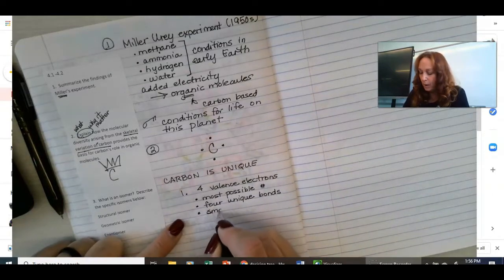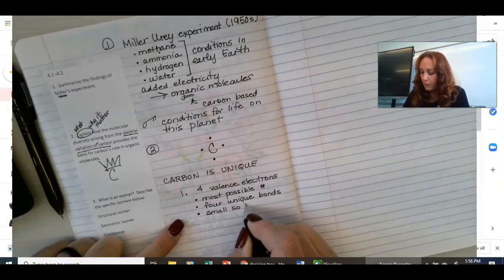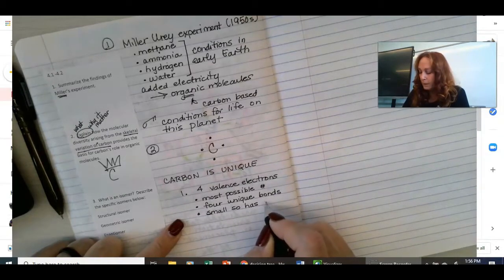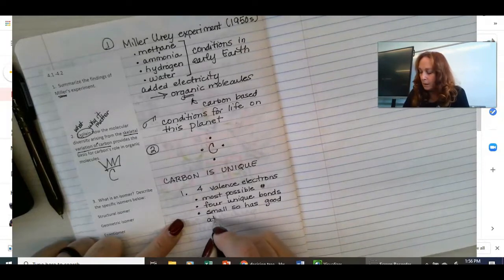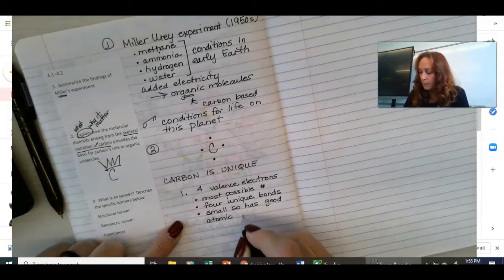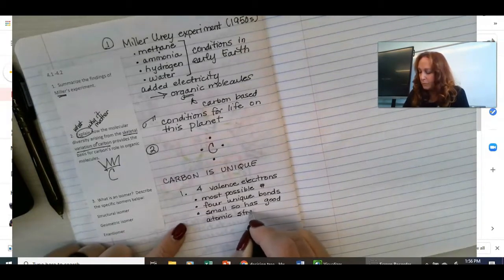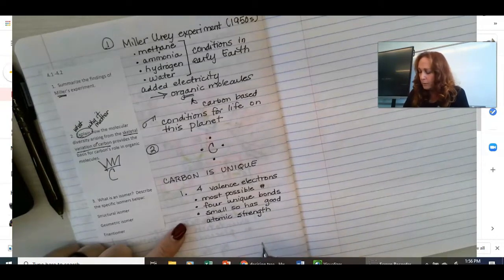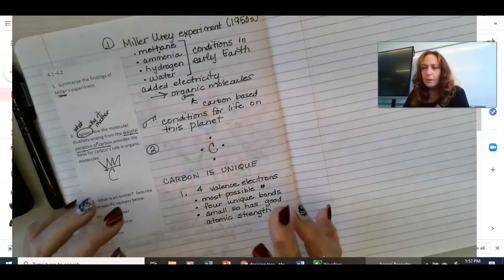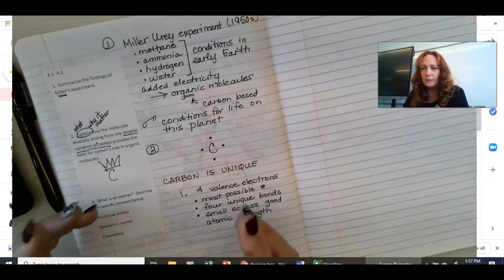It's small, so it has good atomic strength. The atomic associations are powerful enough to form stable bonds.